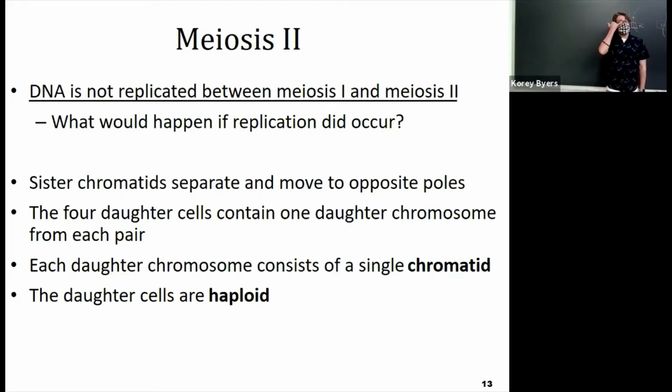If you would duplicate that, you'd end up with too many if the sperm or egg combined and has too many copies. And so between meiosis I and meiosis II, you don't duplicate. In meiosis II, the sisters separate, move to opposite poles, and now you have 4 cells that each have a reduced copy of chromosomes. And so at the end of meiosis, you end up with 4 haploid cells, generally speaking.